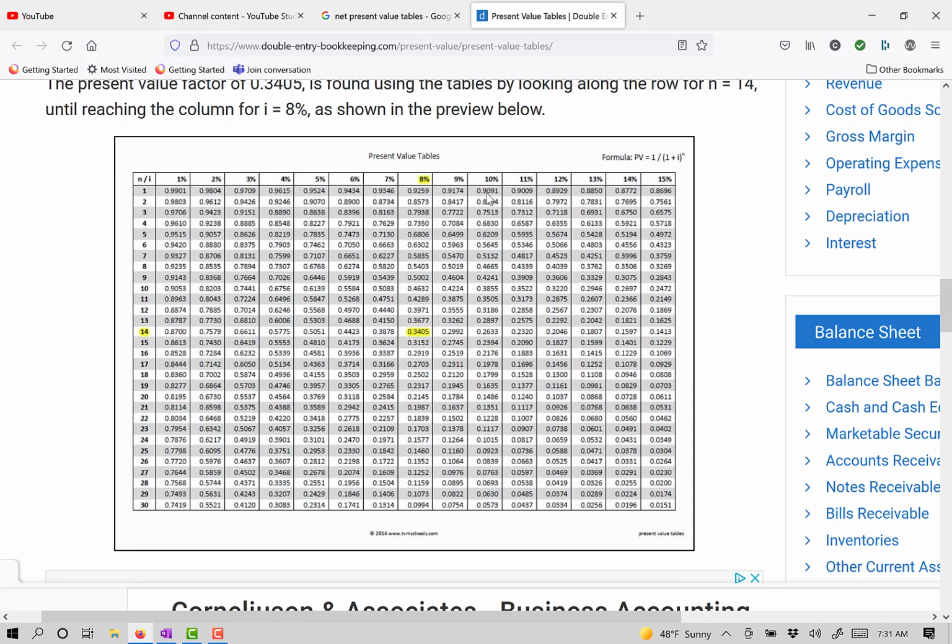Then you get the second year, you get 20,000 paid back 2 years from now. 20,000 in that second year in today's money, because it's 2 years from now, is worth 0.8264. So you would take 20,000 times 0.8264, which is where my cursor's at, and 20,000 2 years from now is 16,528 in today's money.